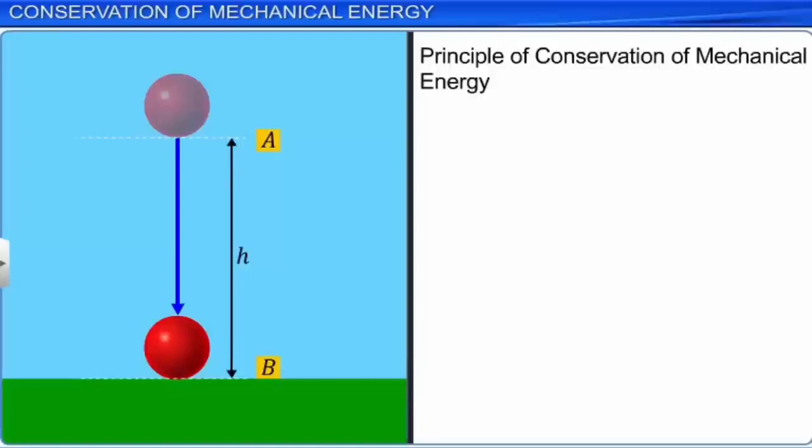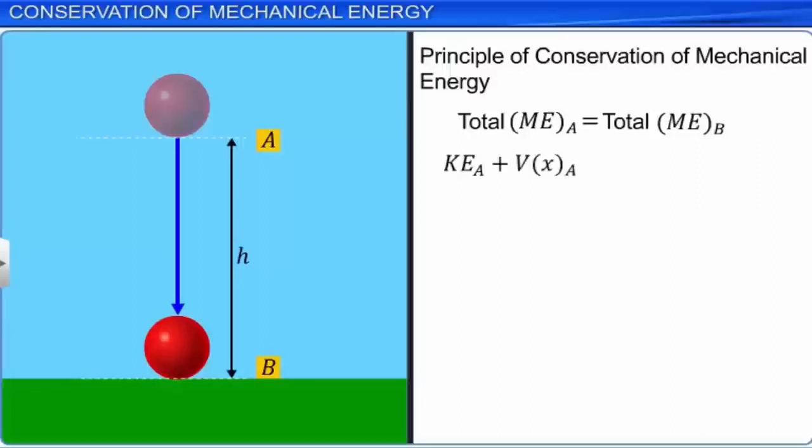That is, the total mechanical energy at A is equal to the total mechanical energy at B, or KE_A + V(x) for A = KE_B + V(x) for B. Let this be equation 5.